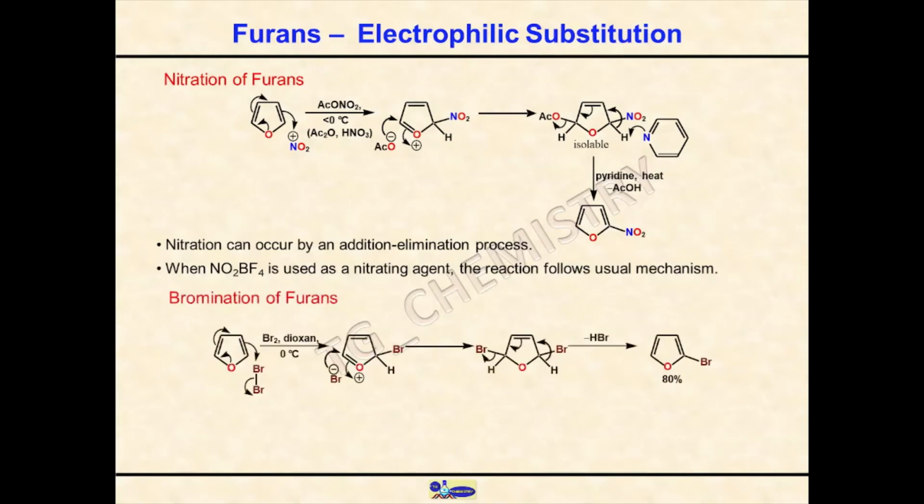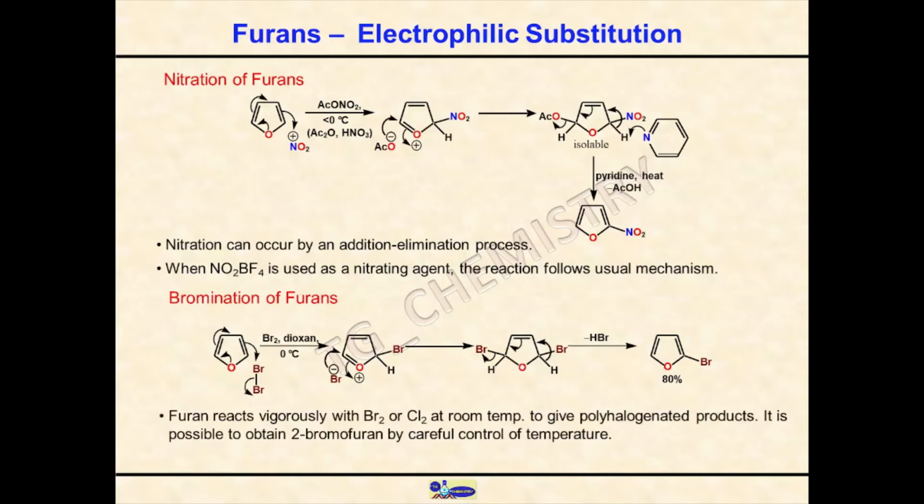Next comes the bromination of furans. This is a bit sensitive in terms of monobromination or polybromination. At 0 degrees centigrade, if molecular bromine reacts with furan in the presence of dioxane solvent, that will end up with the 2-bromofuran derivative in 80% yield. Furan reacts vigorously with bromine and chlorine at room temperature, and as I said, it can give polyhalogenated products.